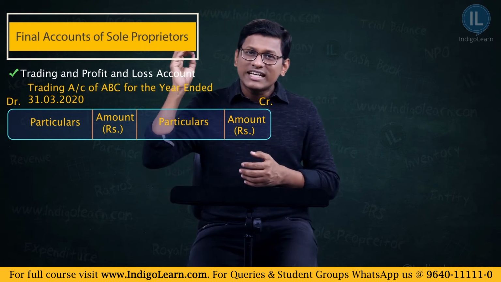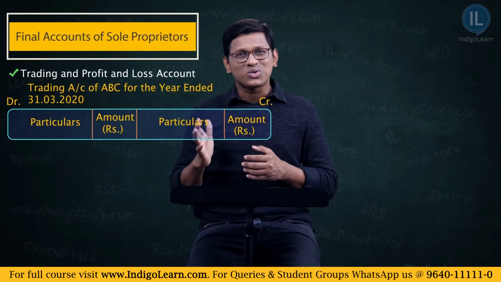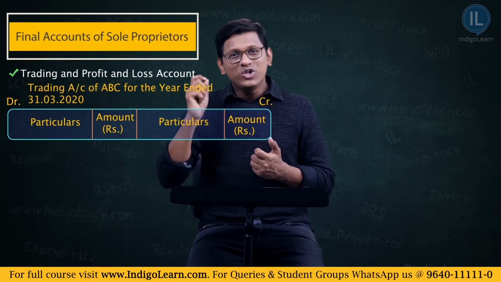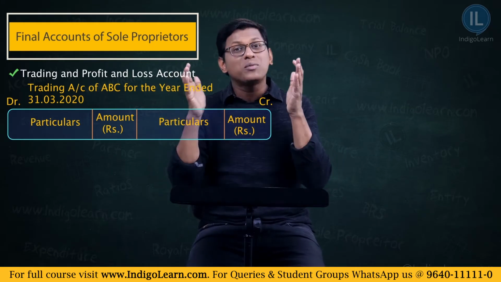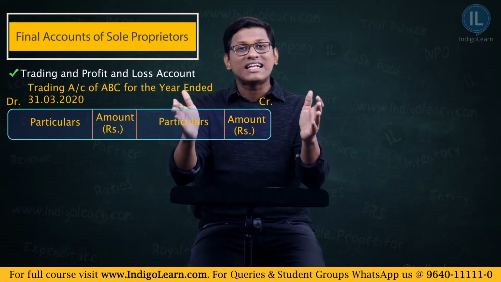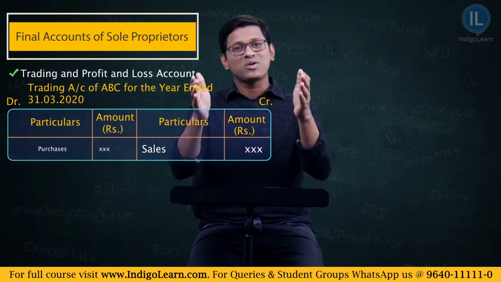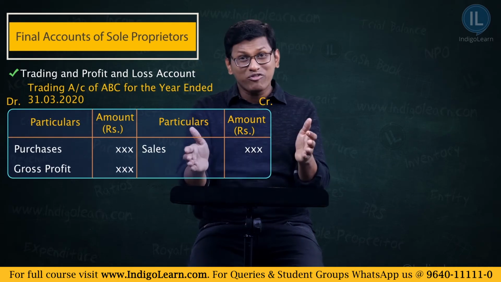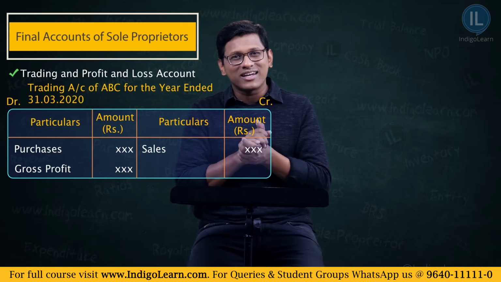So, what does it mean? You have trading account for that particular period. So, in this period, my sales were so much, my purchases were so much, my gross profit was so much. So, everything you will know regarding that particular period.